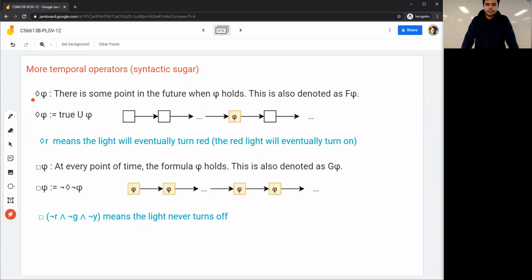And what it means is that there is some point in the future where phi holds. Okay, so if this is my infinite word, my trace, there is some point in the future after finitely many steps where phi holds. And again, when I say phi holds, I mean phi holds on this suffix, right?